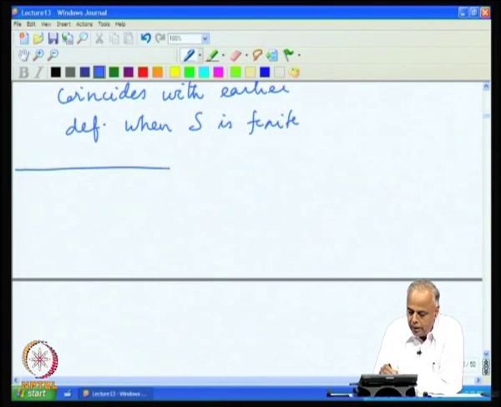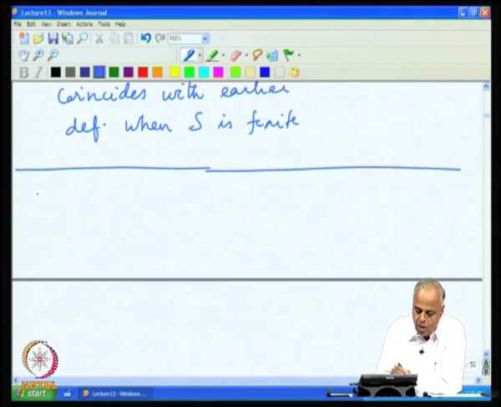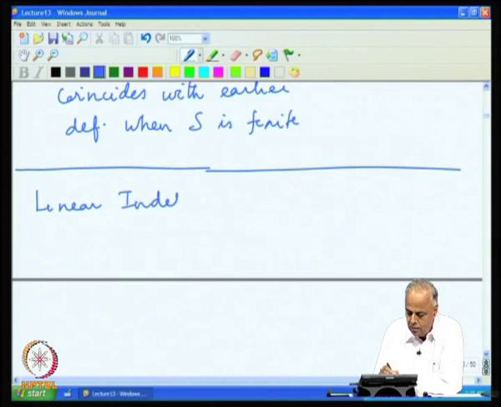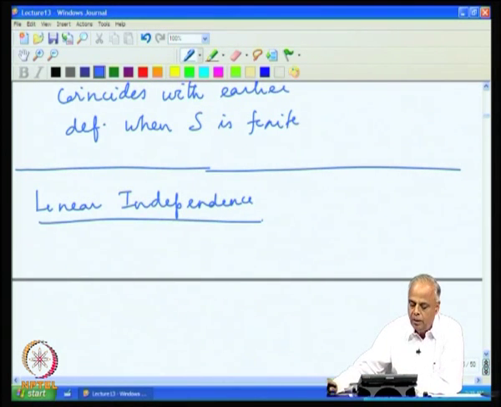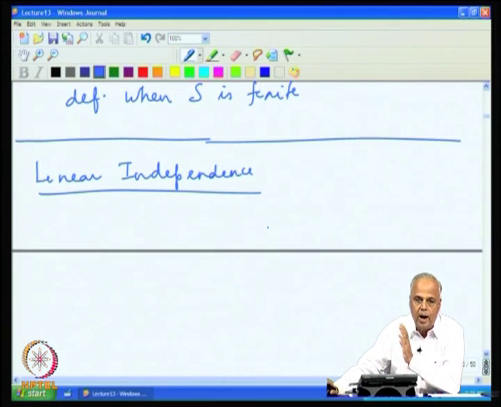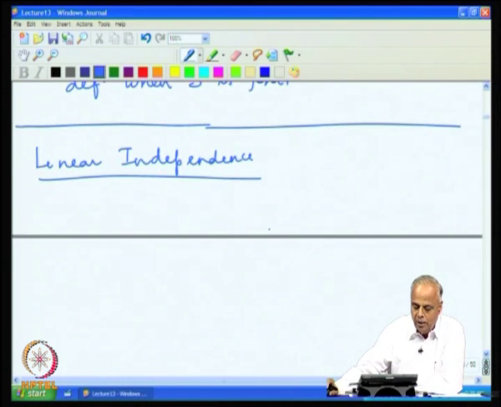The next important thing is we had this notion of linear independence. Recall that this notion also we had only for finite sets. We had the notion of L(S) only for finite sets, and from that we generated the notion of L(S) for infinite sets. Now, we have so far the notion of linear independence only for finite sets. From that we are going to generate the notion of linear independence for infinite sets.